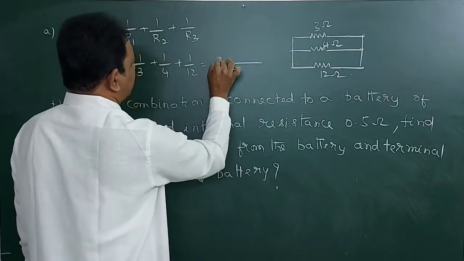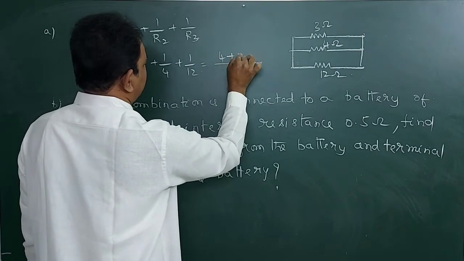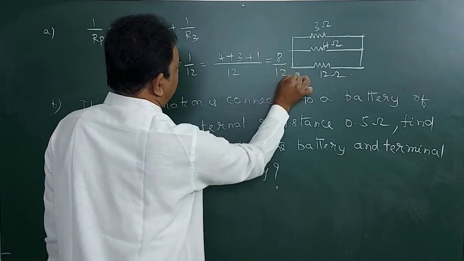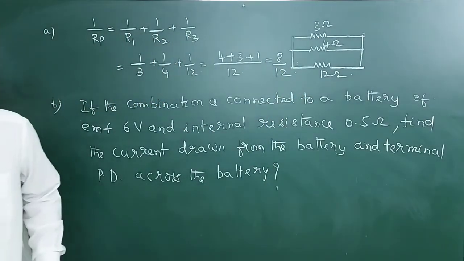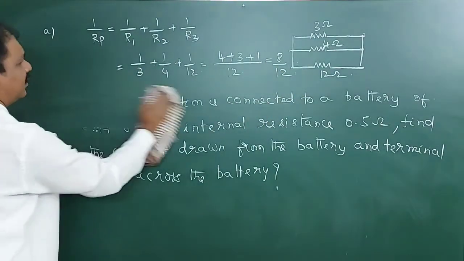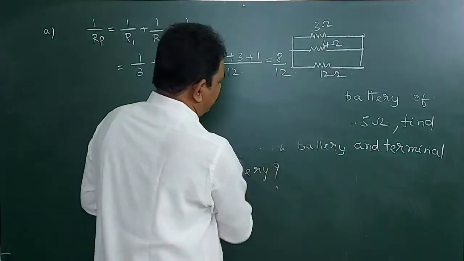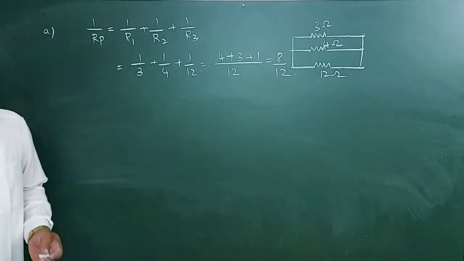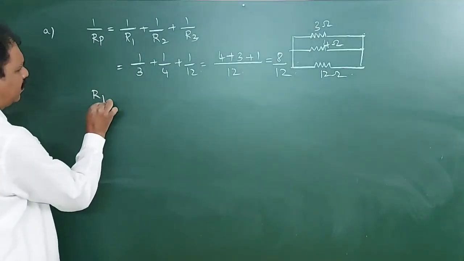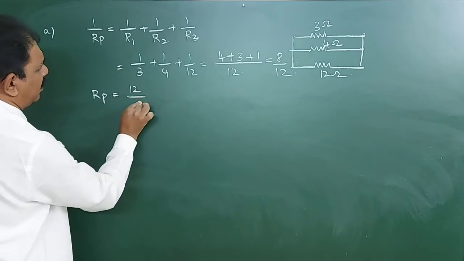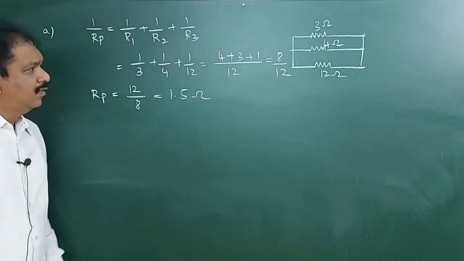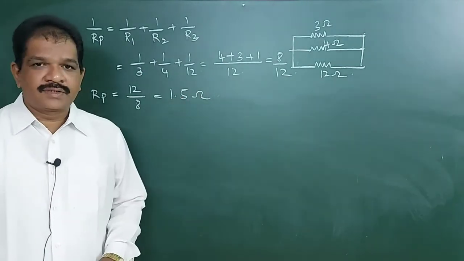LCM will be 12, so this will be 8 by 12. Then Rp is equal to 12 by 8, which is 1.5 ohms.